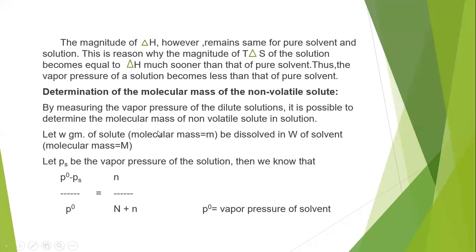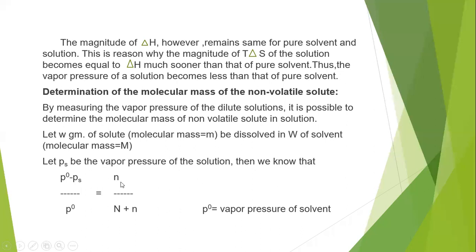How can we calculate it? Let small w grams of a solute, whose molecular mass is small m, be dissolved in capital W grams of a solvent whose molecular mass is capital M. So the solute weight is small w grams and molecular mass is small m, and the solvent's molecular weight is capital M and weight is capital W. Let Ps be the vapor pressure of the solution.